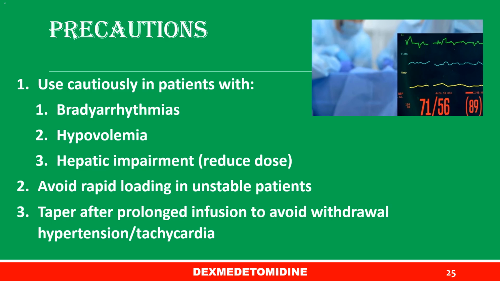Avoid rapid loading in unstable patients. Don't give dexmedetomidine too fast in unstable patients. 3. Taper after prolonged infusion to avoid withdrawal hypertension, tachycardia. Slowly stop dexmedetomidine after long use to avoid high blood pressure or fast heart rate from withdrawal.